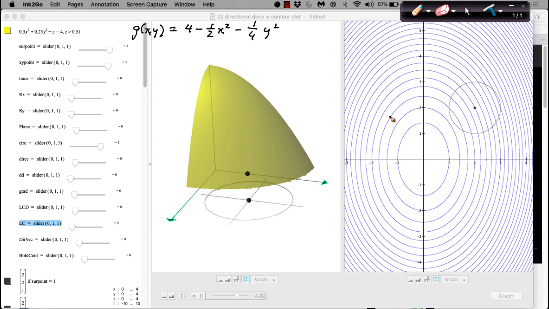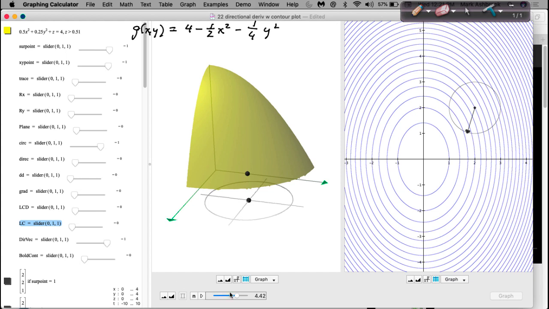This contour plot gives that as one representation over there on the right, and then the surface is the gold surface, another representation of that function. And I'm going to focus in on the point 2, 2, and we're going to think about picking a direction from 2, 2.